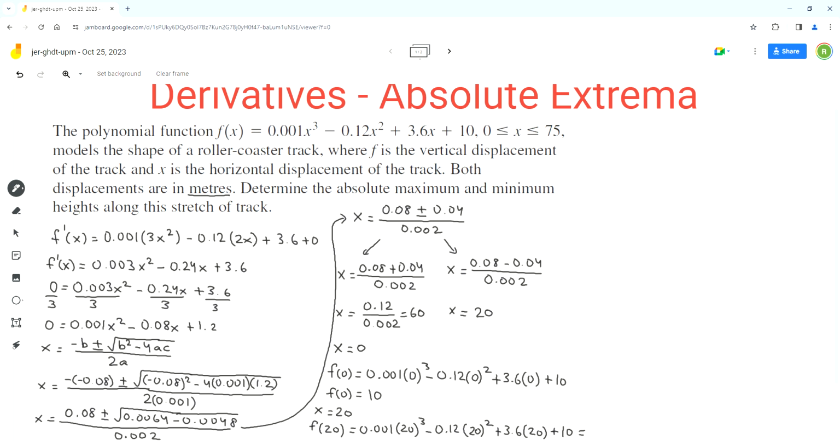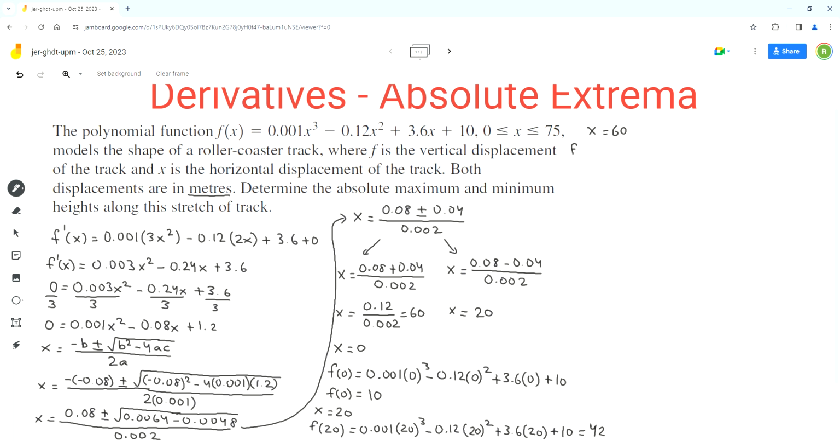So I got 42. That means at x equals 20, the vertical displacement is 42 meters.